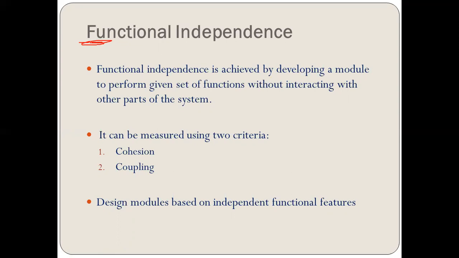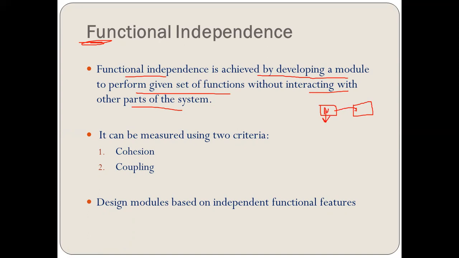Functional independence is achieved by developing a module to perform a given set of functions without interacting with other parts of the system. We can achieve this when two modules are not dependent on each other to perform their own function.